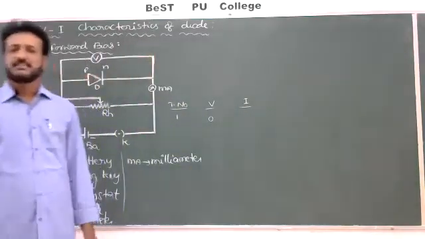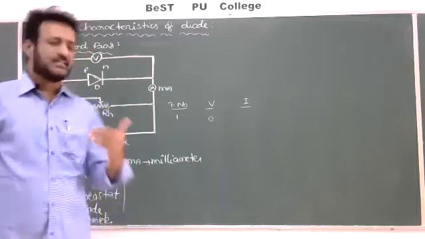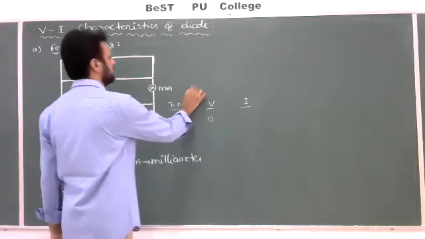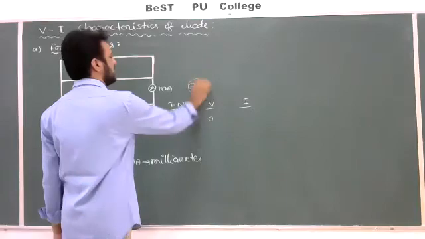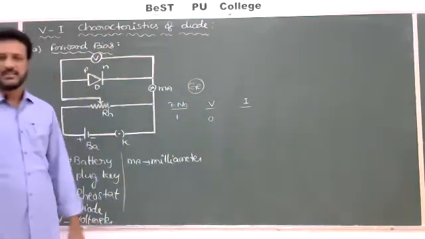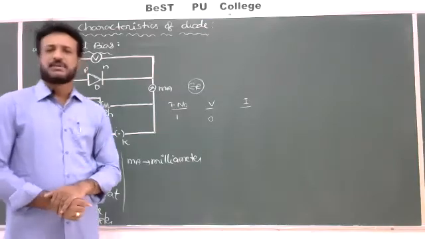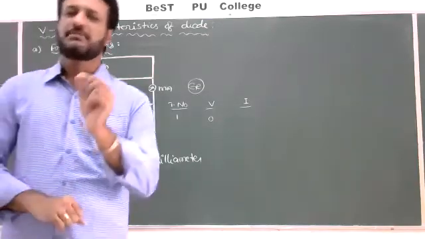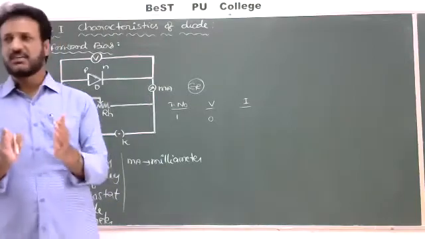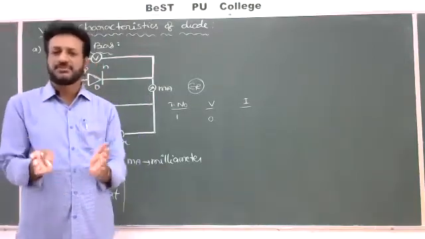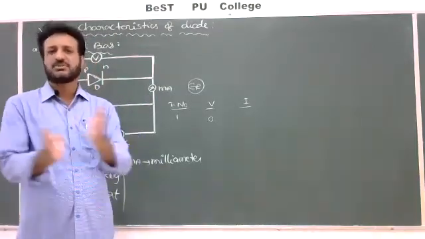Then how much current passes? And the given diode is, for example, germanium. The given diode is made of germanium. Whenever 0 volt is applied, how much current passes? For germanium, there is a potential barrier. So at the junction, there is a wall or a barrier which doesn't allow the charge carriers to cross the junction.